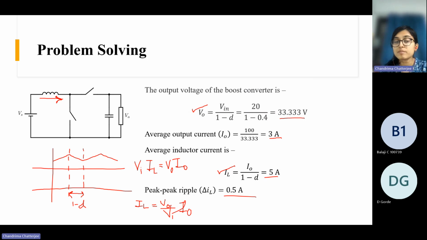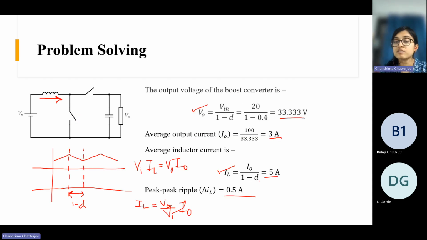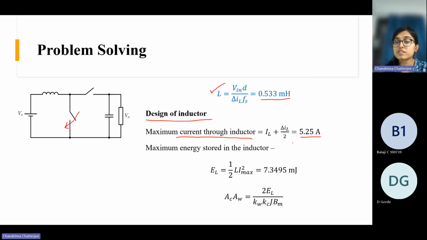So this is the maximum inductor current, and that is average plus del IL by 2, where del IL is the peak to peak ripple. IL we already found out 5 ampere and del IL value is 0.5. So this is 5.25 ampere.